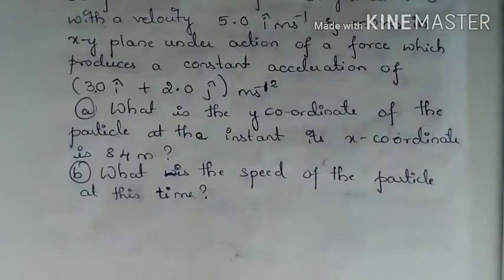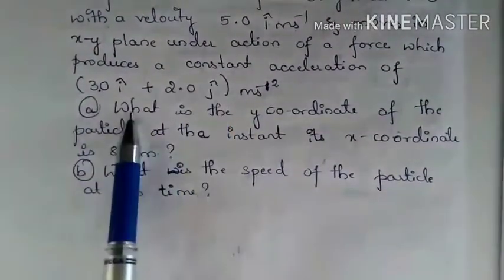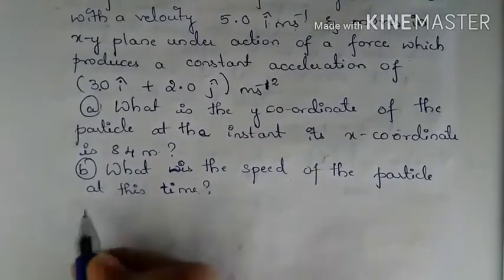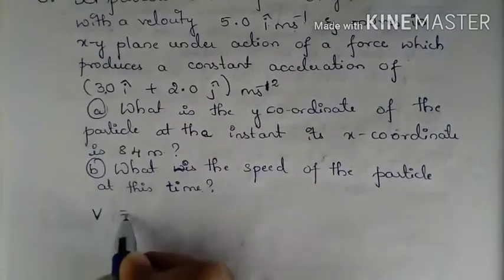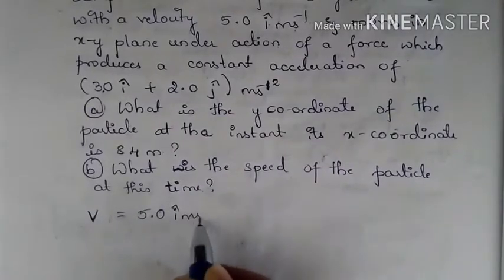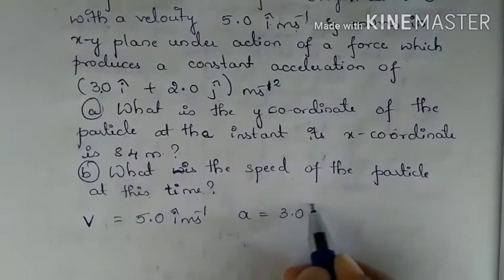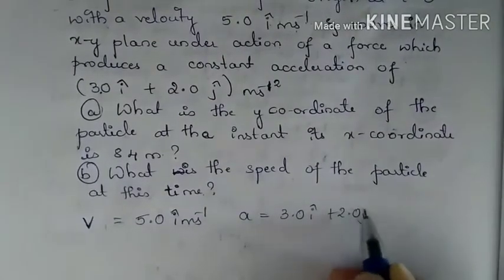So the data which is given to us is velocity and acceleration. Velocity of the particle is 5.0 i cap meters per second, and acceleration is 3.0 i cap plus 2.0 j cap.